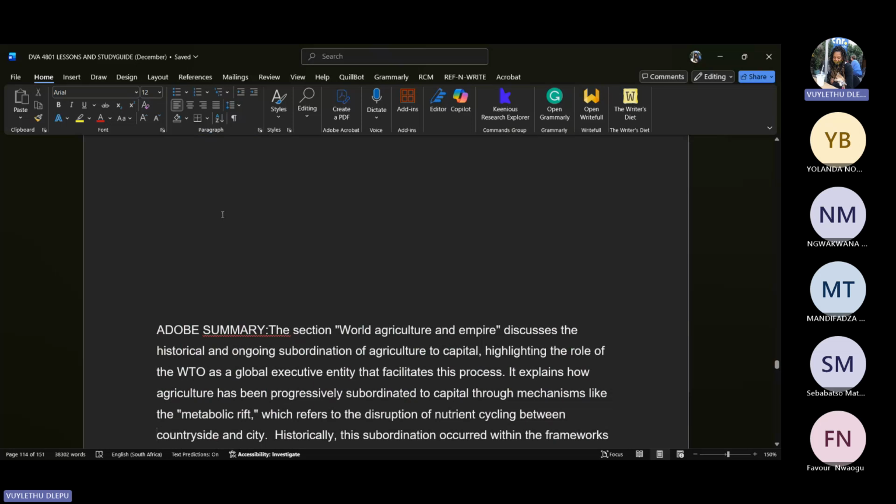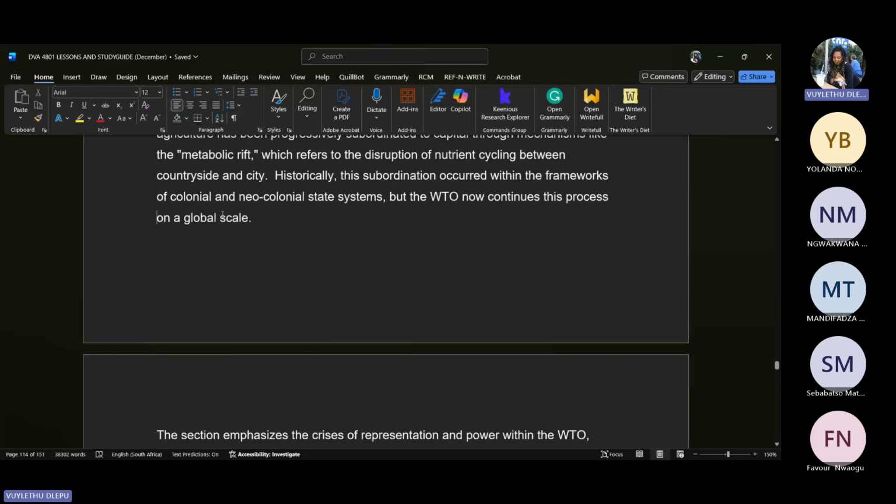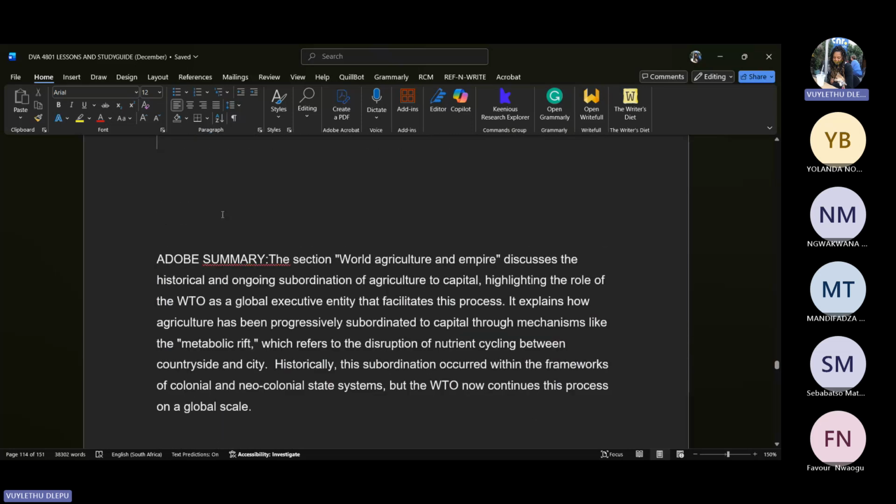So basically, I made a summary, a generative summary, which tells us that the section World Agriculture and Empire discusses the historical and ongoing subordination of agriculture to capital. It highlights the role of the WTO as a global executive entity that facilitates this process. It explains how agriculture has been progressively subordinated to capital through mechanisms like a metabolic rift, which refers to the disruption of nutrient cycling between countryside and city.